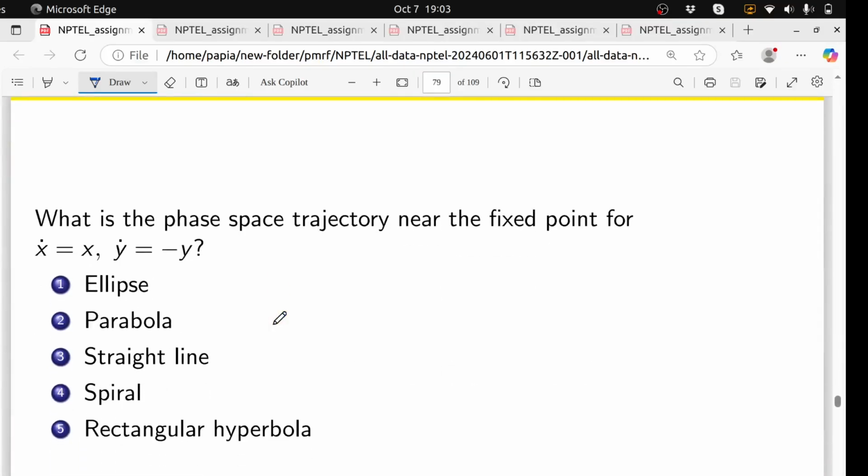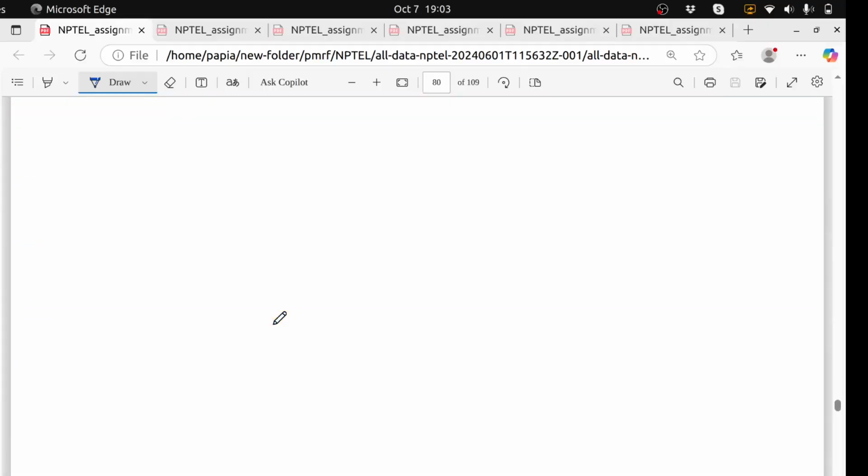Now coming to the 15th question. What is the phase space trajectory near the fixed point for x dot equals to x, y dot equals to minus y? Okay.